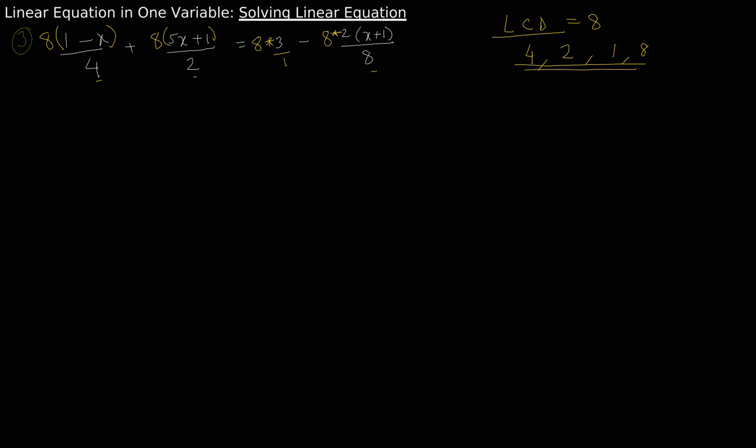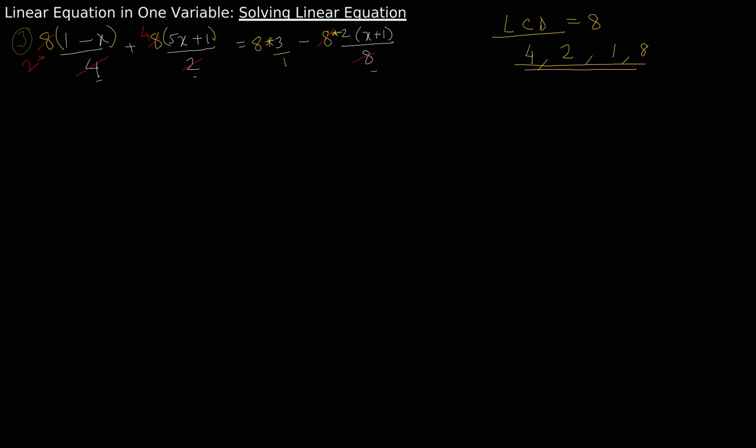Now let us see what we can do more. Now I have 8 over 4. If I cancel out, I am left with 2 here, and 8 over 2, I am left with 4, and here 8 and 8 cancel out.